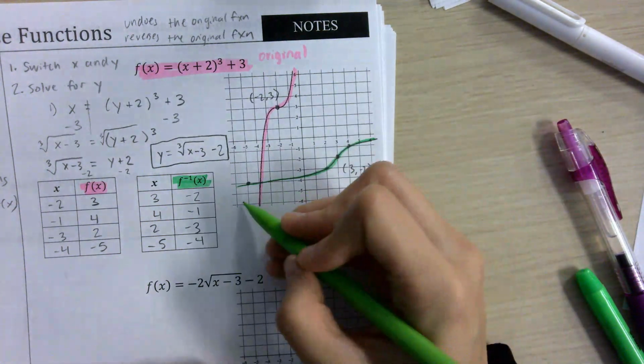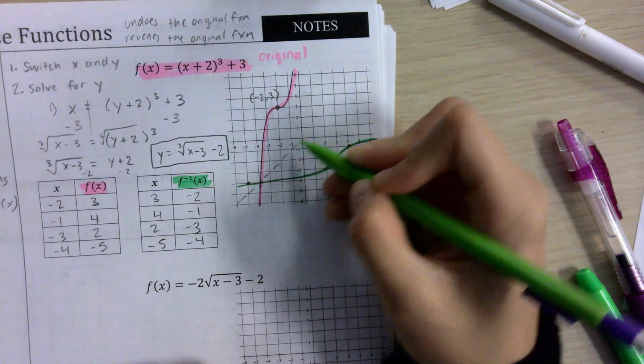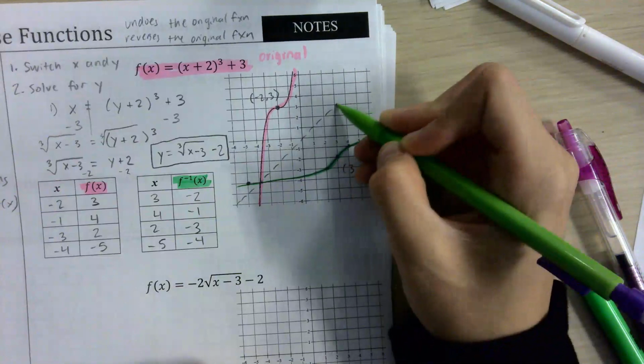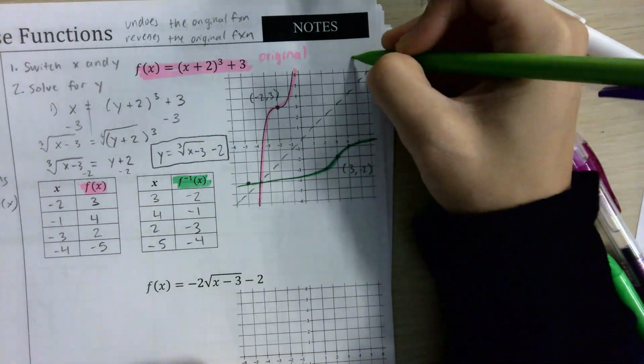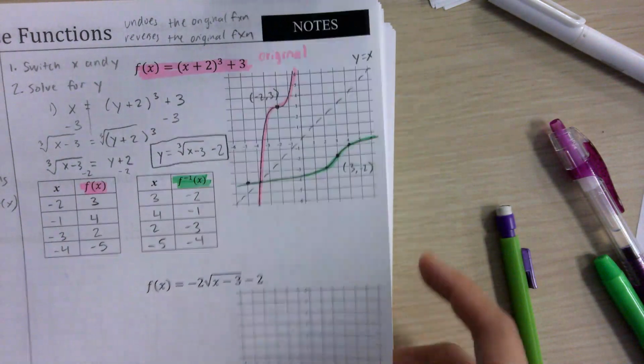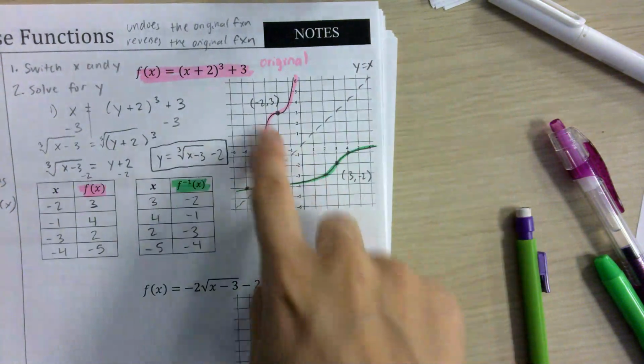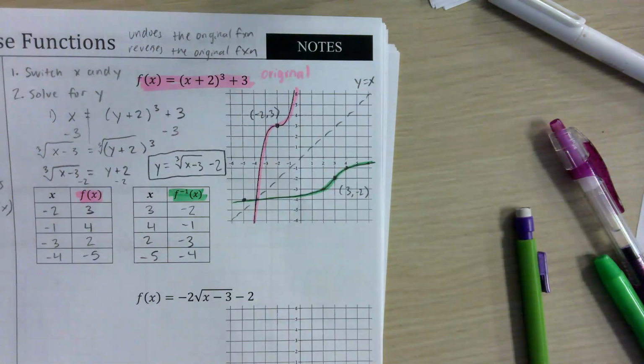So when you have an inverse function, you are actually reflecting it about the line y equals x. So in a sense, it's kind of like diagonal. If I were to take this graph and fold it on that line, the graphs would match. See how it's the same thing but flipped over? That is what you get when you think of a graph of an inverse function.